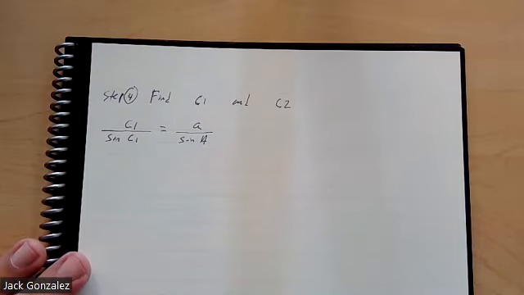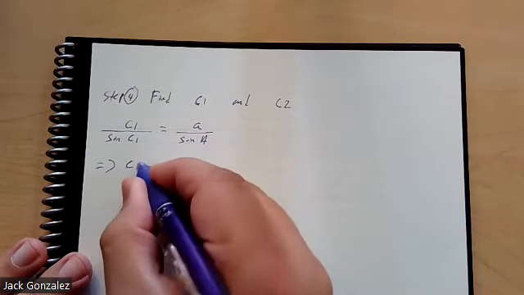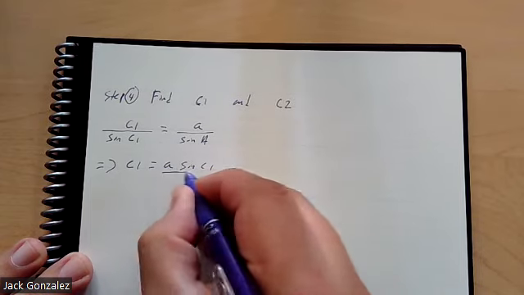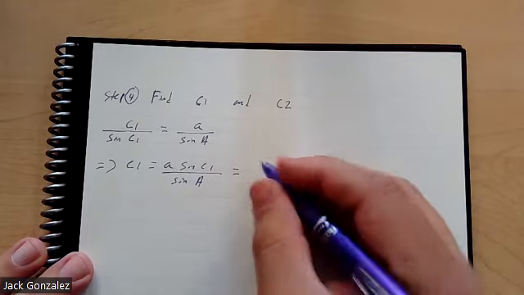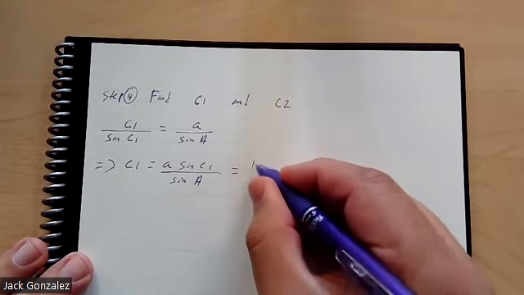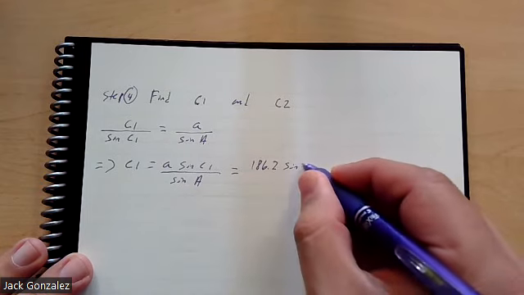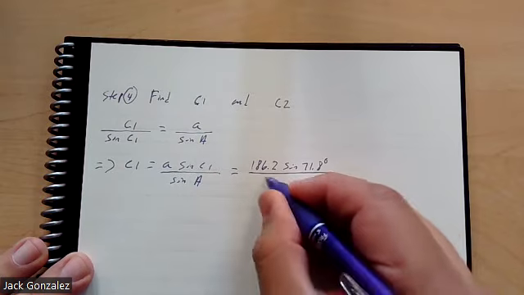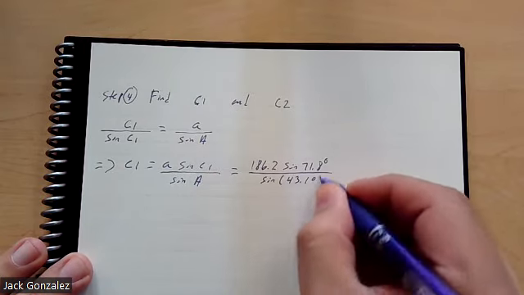So right away, you'll find that C1 is equal to A sine of C1 over sine of A. This will be 186.2 sine of 71.8 over sine of 43.1.